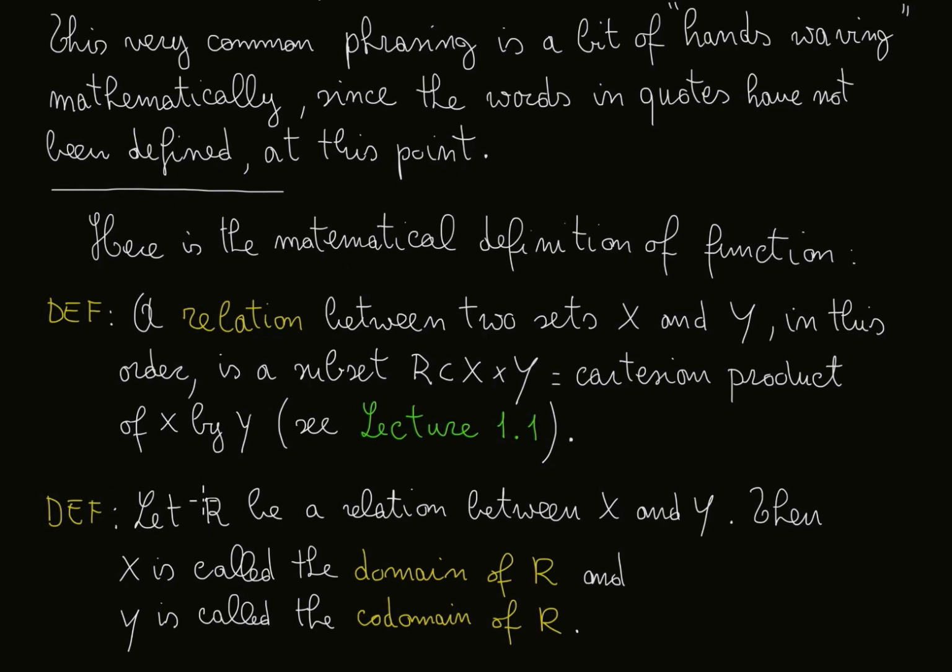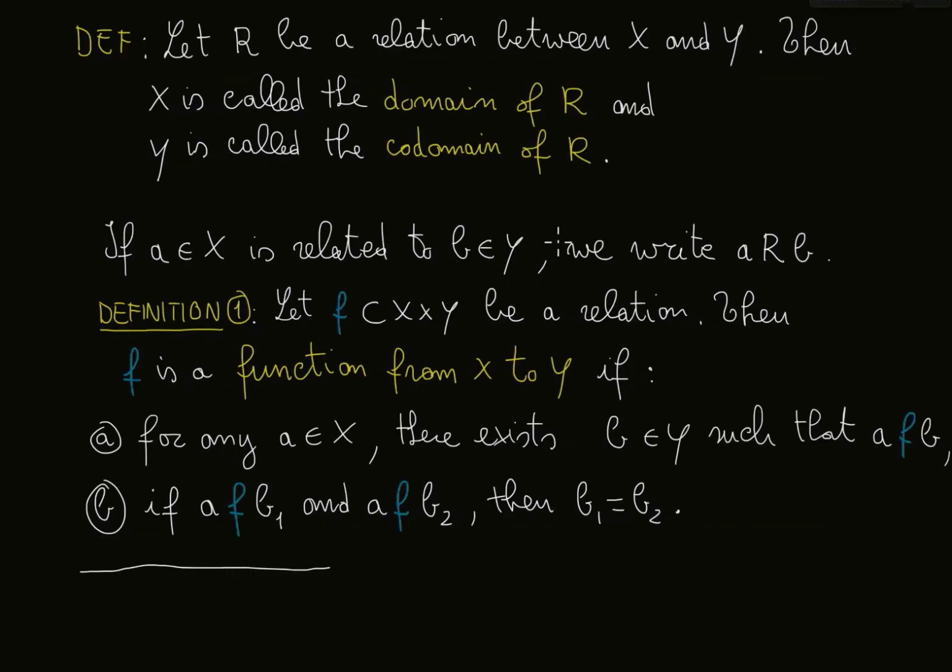Now let's suppose that R is a relation between x and y. Then x is going to be the domain of R, and y is going to be called the codomain of R. That being said, if A in x is related to B in y, we write A related to B. What does it mean, an element A in x related to B in y?